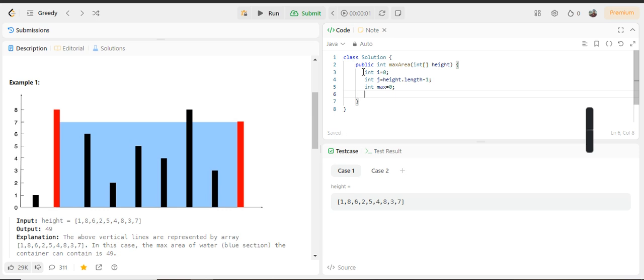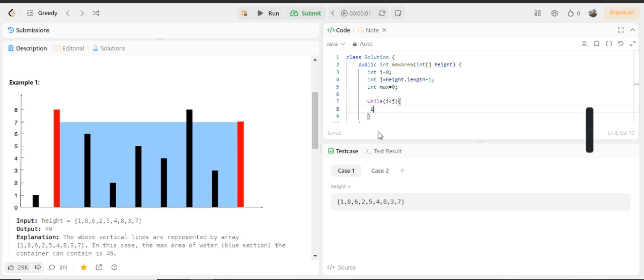Now, while i is less than j, you will find the area.